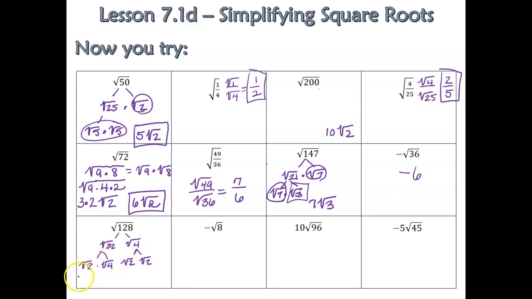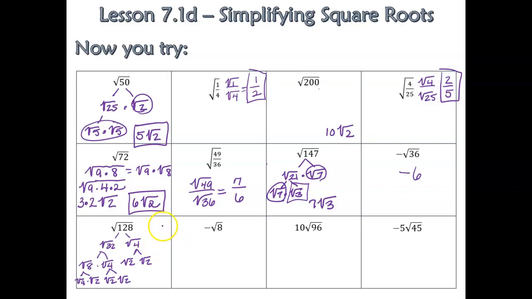Hopefully I can fit this. This becomes the square root of 4 times the square root of 2. And this becomes the square root of 2 times the square root of 2.